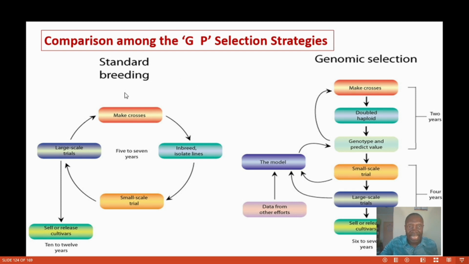You can see that in the standard breeding, we make crosses, as I have already shown you. Then we inbreed the isolated lines. We inbreed by actually crossing them again. And as you can see, it can take 5 to 7 years or even longer. Then, of course, we get them evaluated as small scale trials.